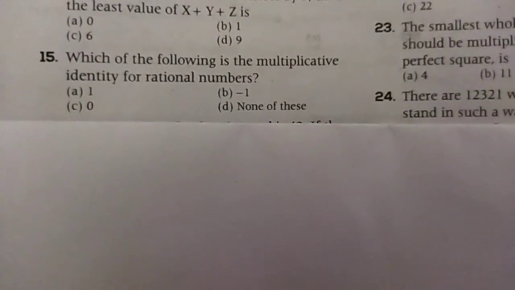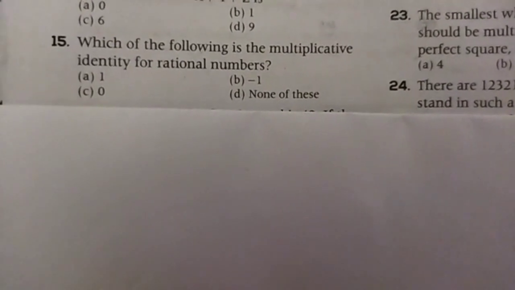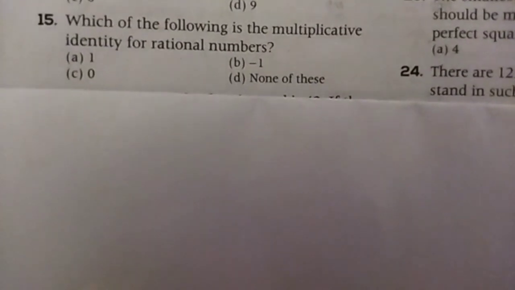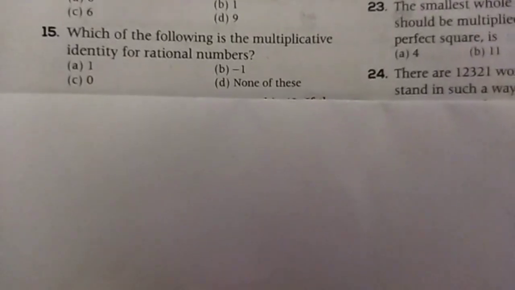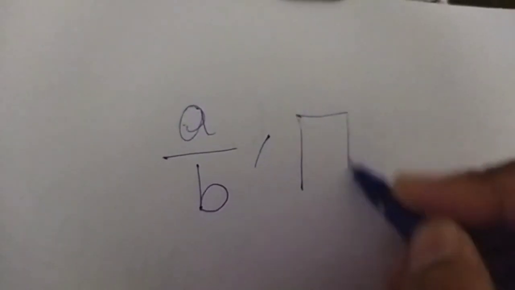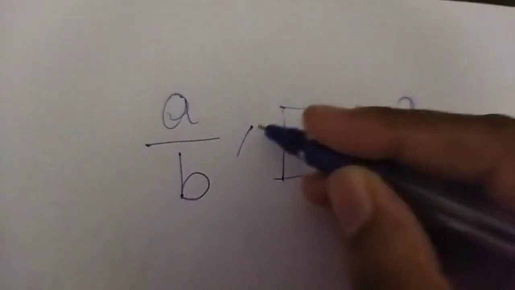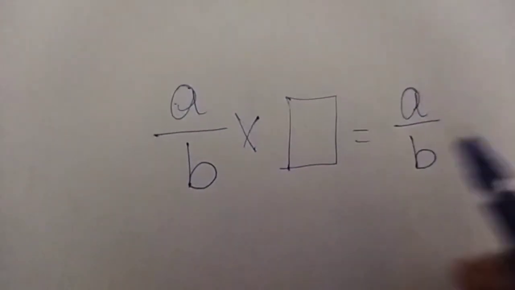Which of the following is a multiplicative identity of a rational number? Multiplicative identity means, let a by b be a rational number. If you multiply a by b with one number, you should again get the same number as a product. So what is the possible value?